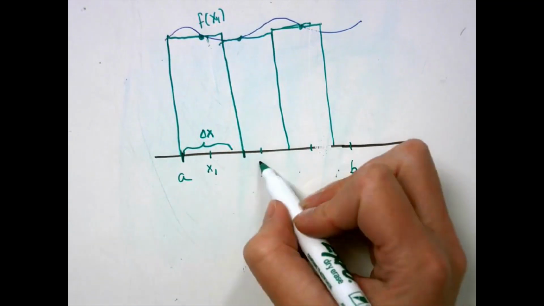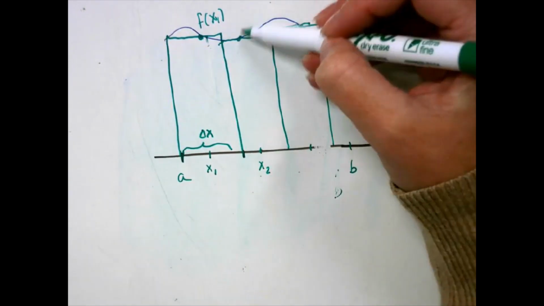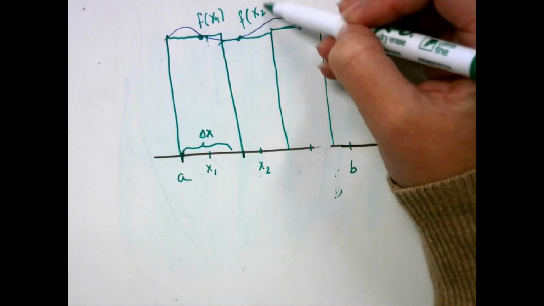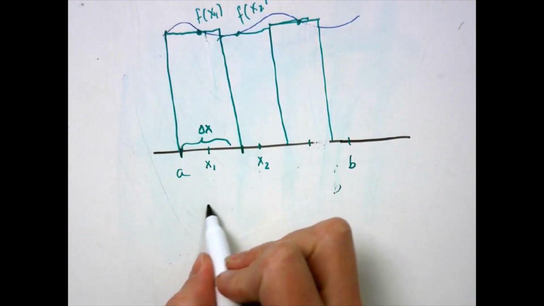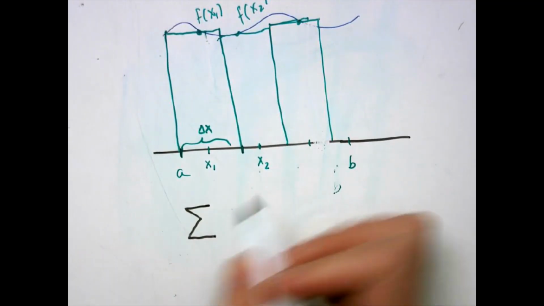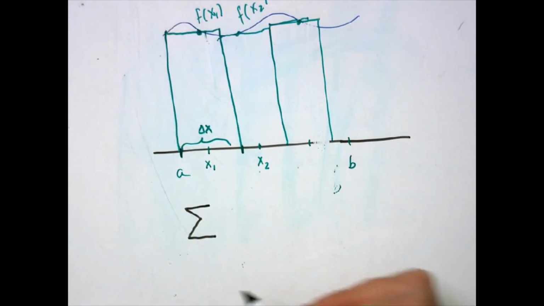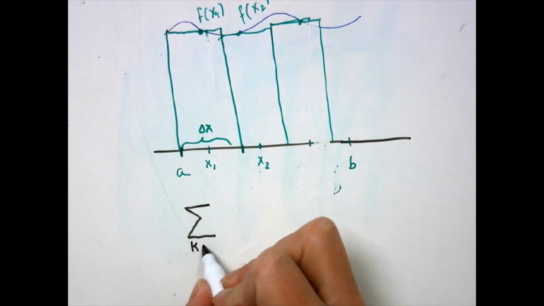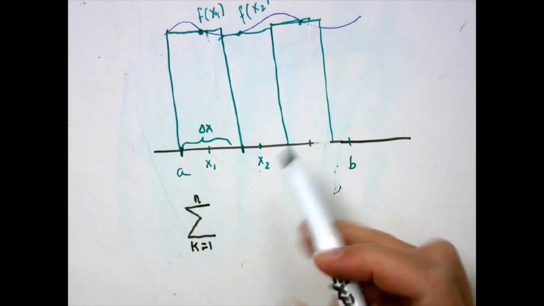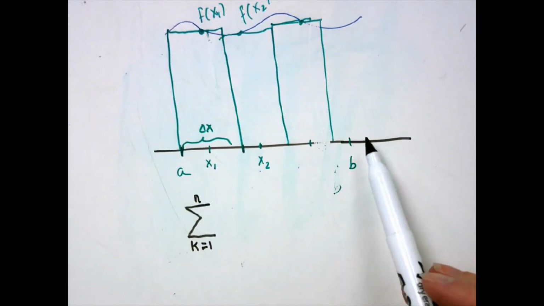Call this one x2, this height would be f of x2, and so on. So going to summation notation, we're going to start with a k value of 1 and go to n, the number of rectangles.